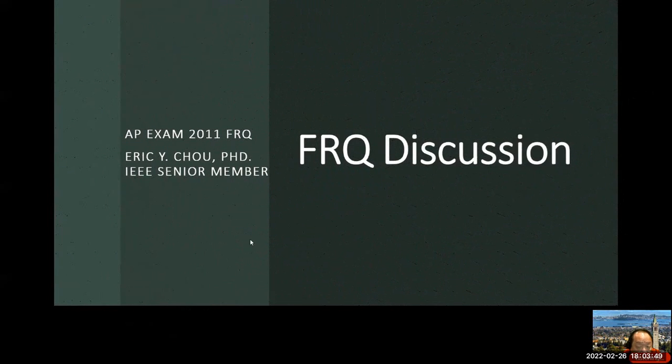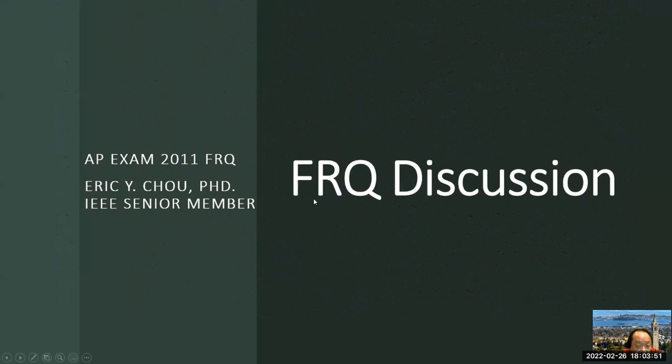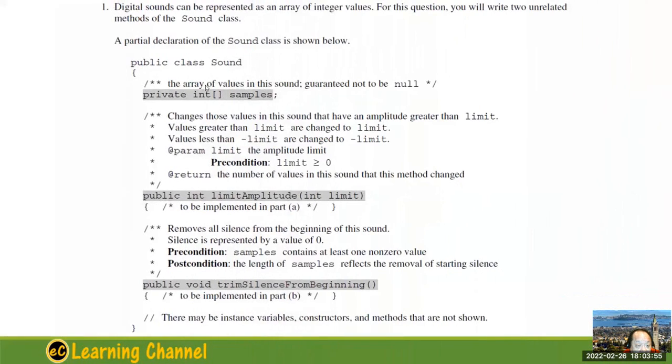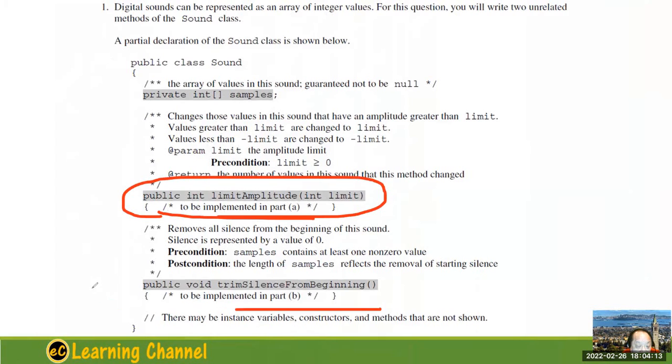Every time you work on a free response problem, you will see some description for the problem. Briefly go through it, because there are many things you need to cover. You need to know where part A is, and part B is over here.